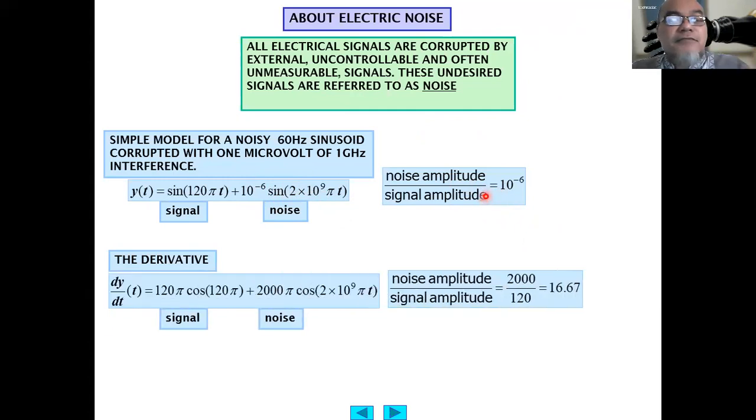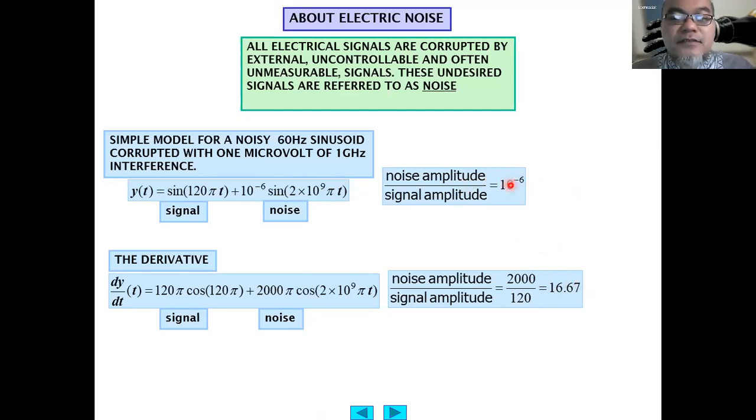But after it is differentiated by the circuit, suddenly the noise amplitude increases significantly, becomes 2000, and the ratio of the noise amplitude to the signal amplitude becomes 16.67.